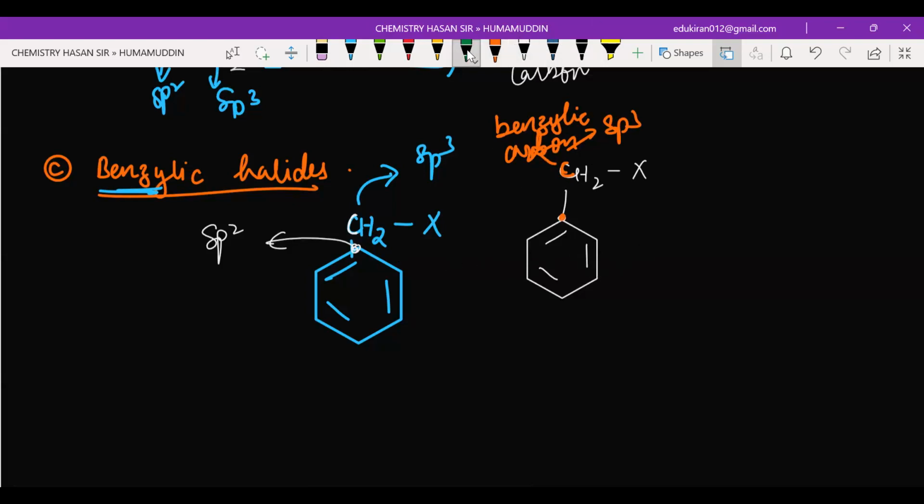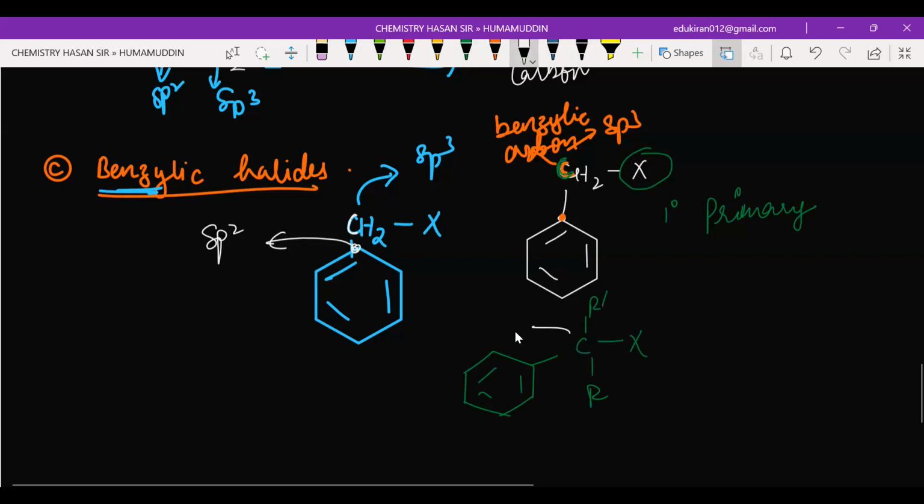And if there is a question, what is the degree of this halogen? So this halogen is primary, 1 degree, because the carbon to which this halogen is connected is only 1 degree. In the same way, we can have another benzylic halide like this: C, R, R dash, and then X. So you can see this is again sp3 and the adjacent carbon is doubly bonded.